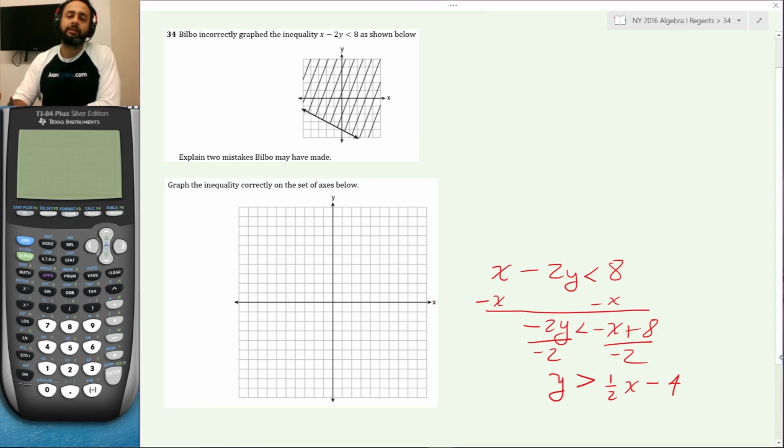Okay, and now I see that there's a few differences between this inequality and this graph. This graph has a slope of negative 1/2, but this inequality has a slope of positive 1/2.